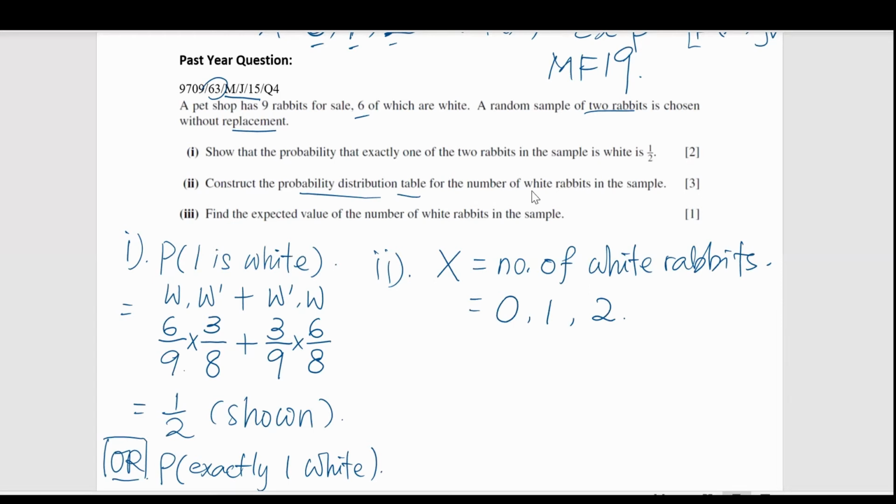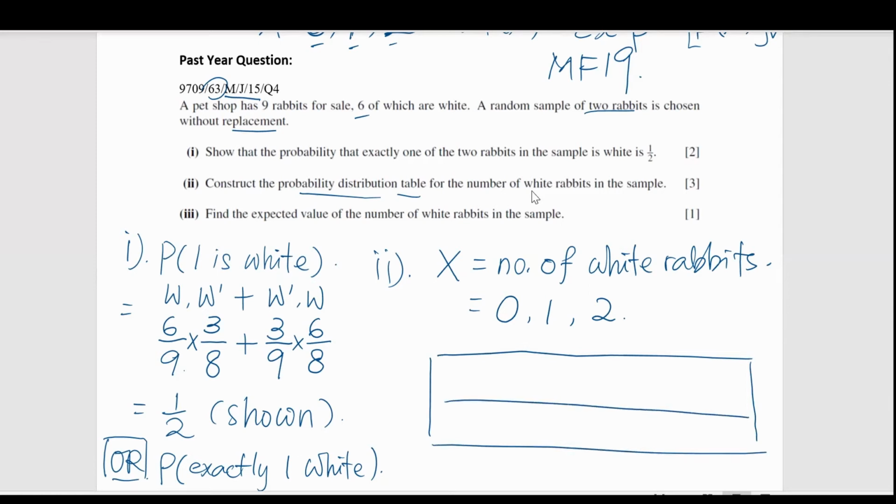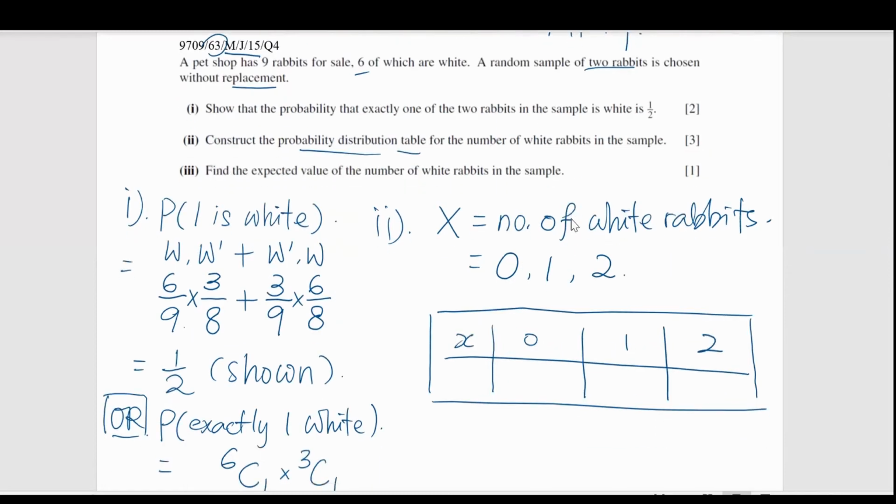That is where you get to see the characteristic of a discrete variable. And we say it is a random variable because when X takes 0 or 1 or 2, it depends on chance, the probability.